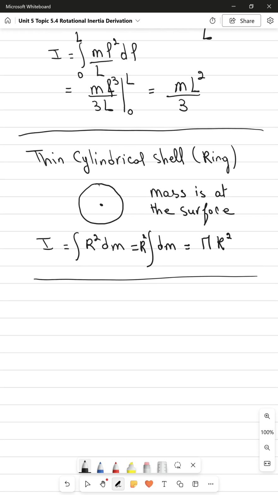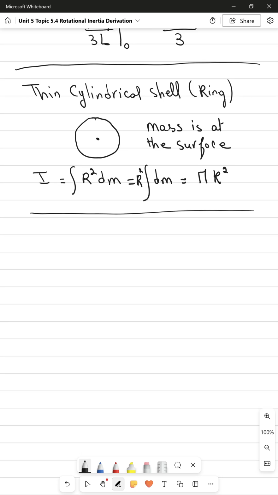The last one that we are going to derive is for a disk. Again, the disk means it's going to be a filled one. That's similar to when we have a pulley, or it's going to be like a filled cylinder, or you can see it as a solid cylinder.